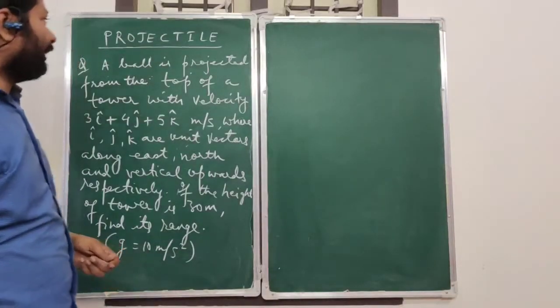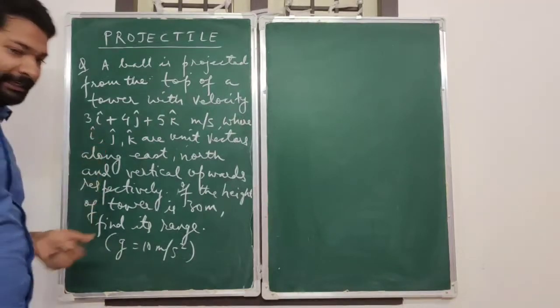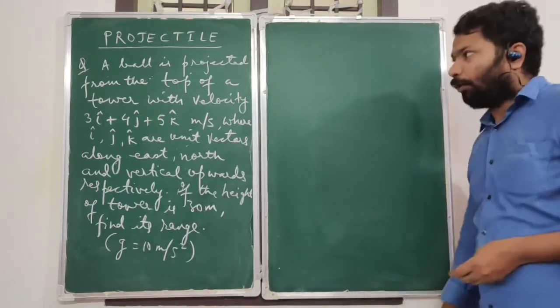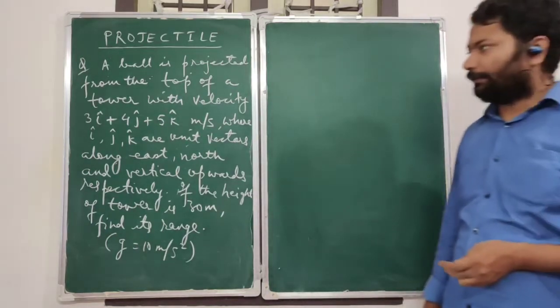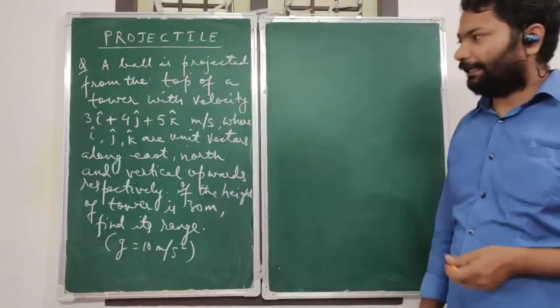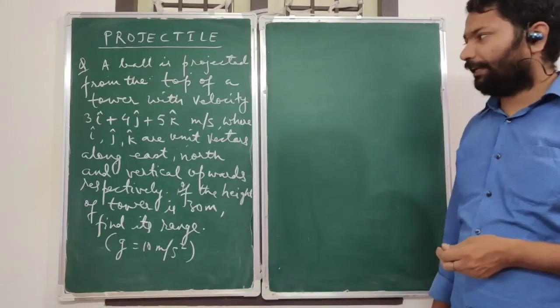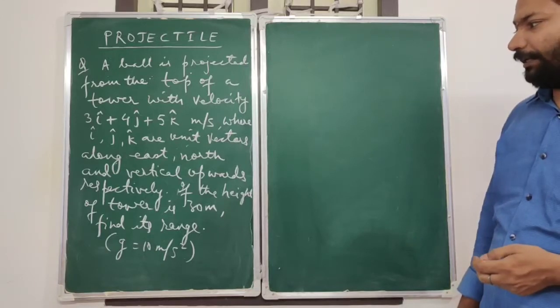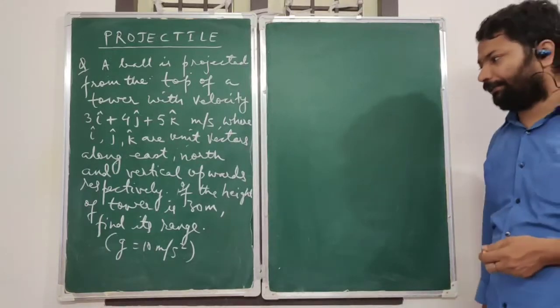So now here we have a question related to projectile motion. The question is: a ball is projected from the top of a tower with some velocity 3i cap plus 4j cap plus 5k cap meter per second, where i cap, j cap, k cap are unit vectors along east, north and vertically upward respectively.